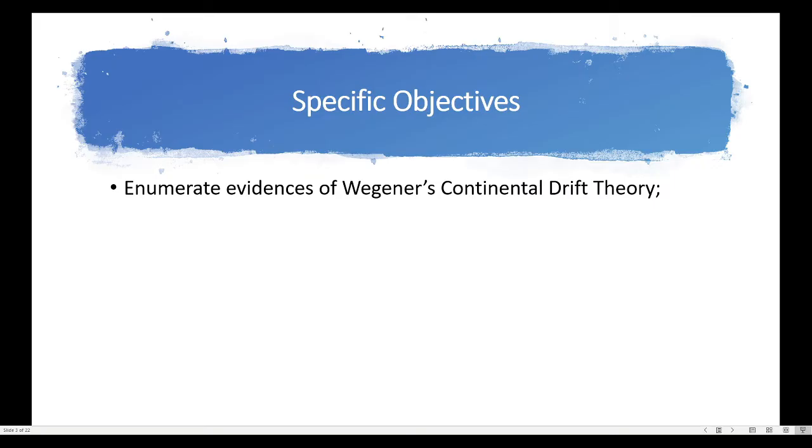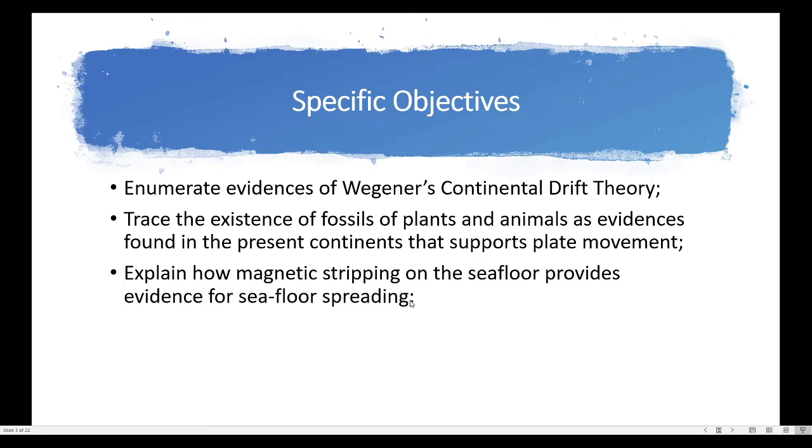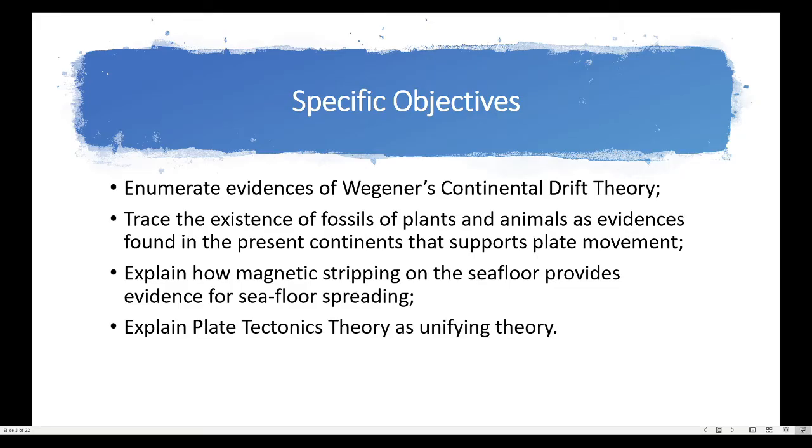Specifically, we want to enumerate evidences of Wegener's continental drift theory, to trace the existence of fossils of plants and animals as evidences found in the present continents that supports plate movement, explain how magnetic striping on the seafloor provides evidence for seafloor spreading, and explain plate tectonics theory as unifying theory.